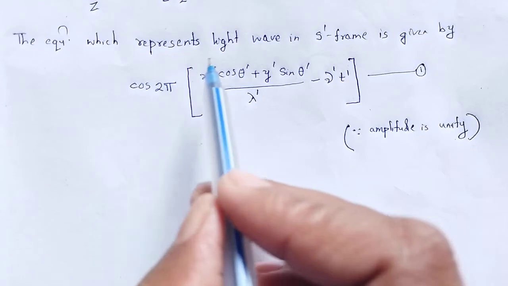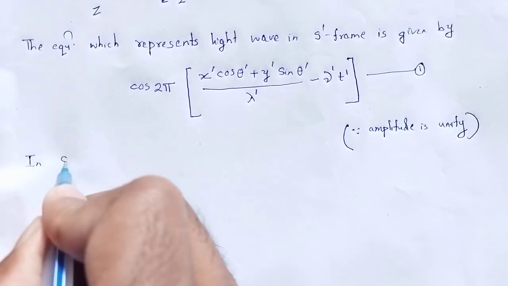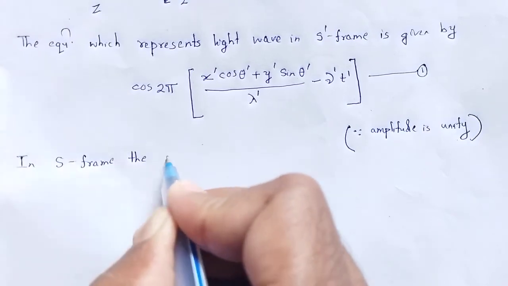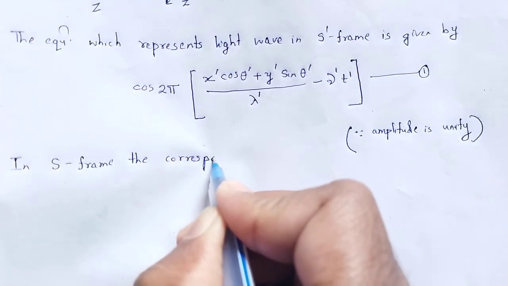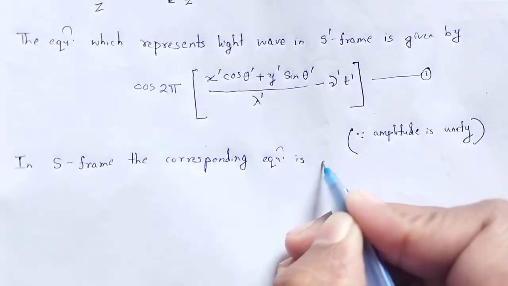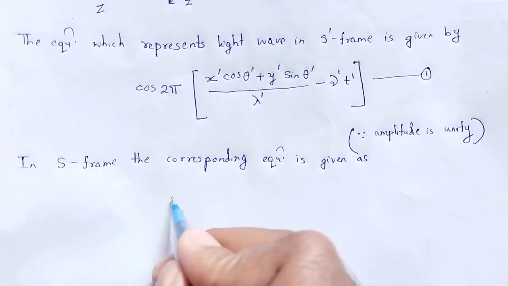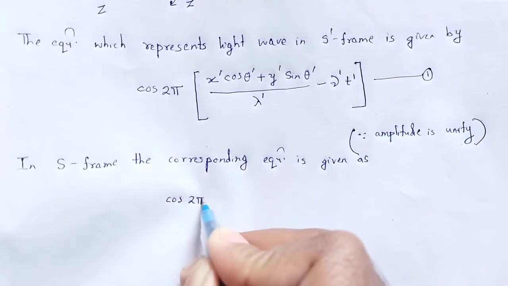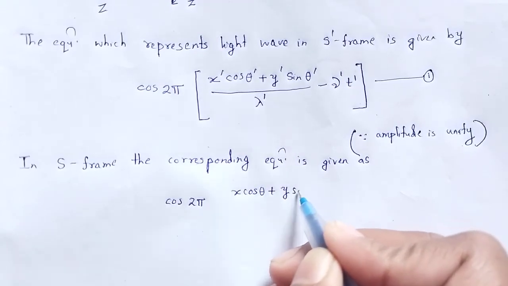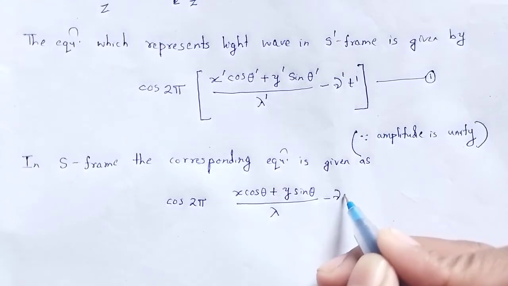Again, the light wave in the S frame has the corresponding equation given as cos 2 pi times x cos theta plus y sin theta divided by lambda, minus nu t.